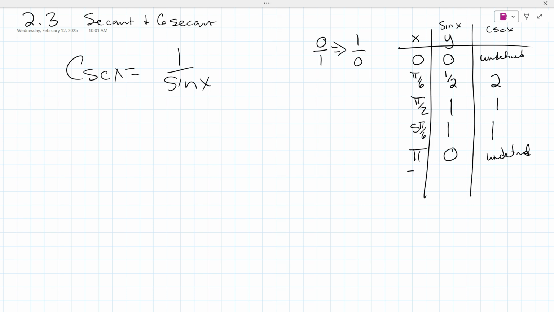And then 7 pi over 6 is negative 1/2, somebody said. So what's the reciprocal of negative 1/2? Negative 2. 3 pi over 2. What's the sine of 3 pi over 2?